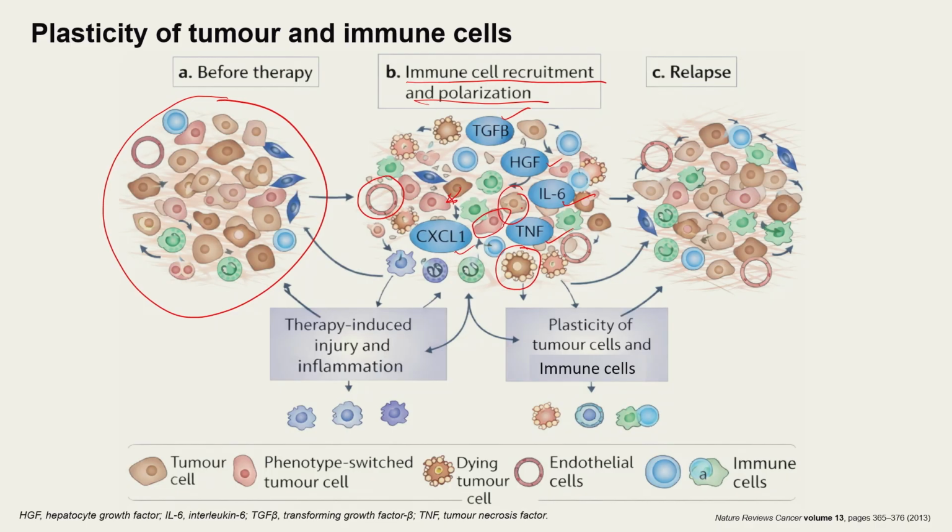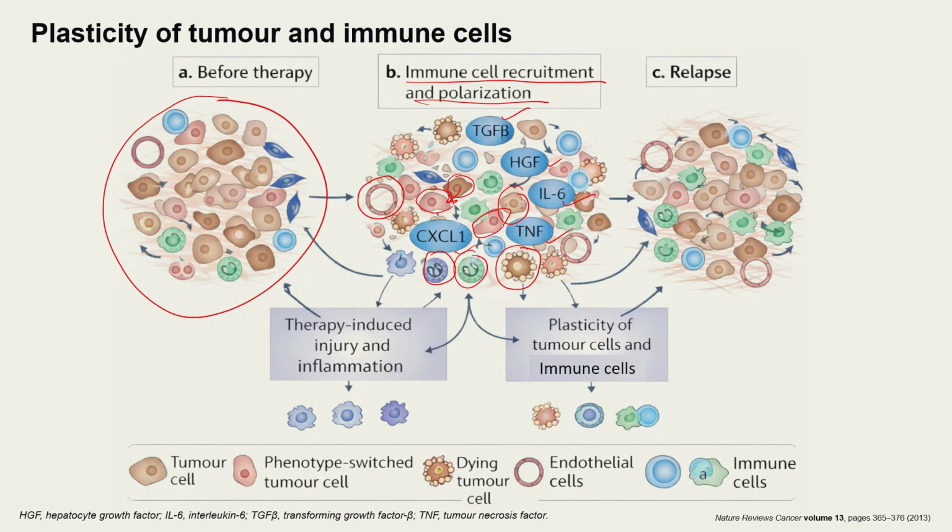So once the treatment is there, the immune cells come into the site of the tumor in order to treat it, but then they can start secreting these cytokines. Because of these cytokines, the tumor cells change into a plastic form. They change their phenotype in order to survive in this hostile environment. This environment is not good for the tumor cell, and therefore the tumor mass changes itself into a different plastic form so that it can survive.